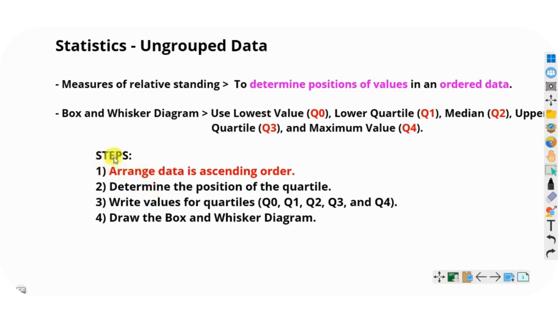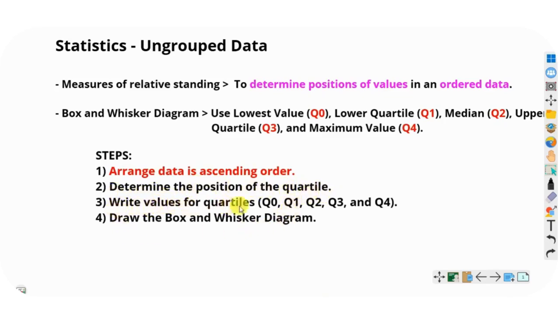Here are the steps you follow so that you can draw the box and whisker diagram. Step one is to arrange the data in ascending order. Step two, you determine the position of the quartile that you are interested in finding.